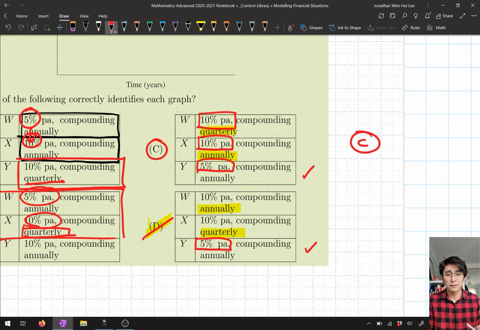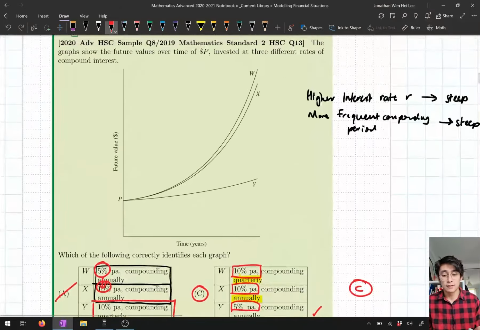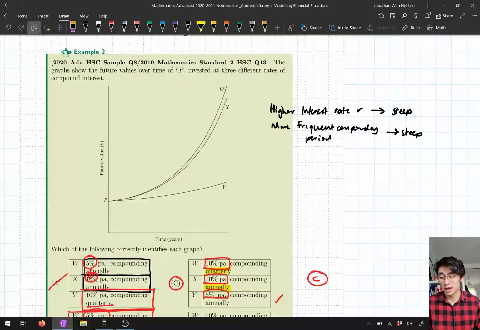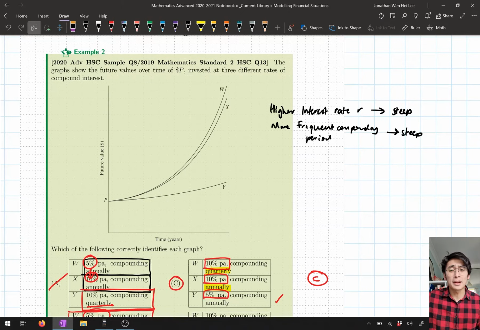And so this is just identifying the graphs of compound interest. Okay, so that was our compound interest formula and just identifying the graphs of compound interest. Now, with the compound interest formula, you actually need to sub in values into that formula, and it's sometimes a little bit annoying to do. There's a way that people can calculate compound interest a lot quicker, which involves just finding that future value interest factor.